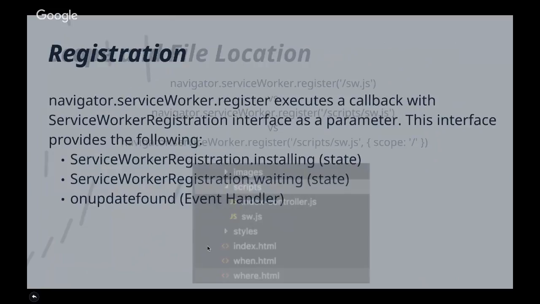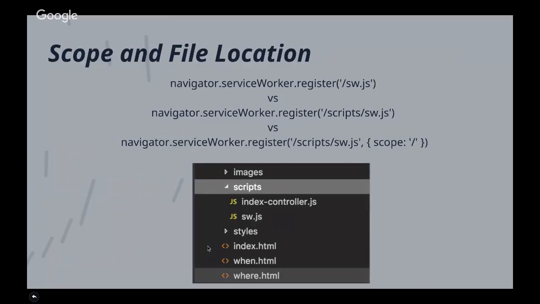Okay, so the next thing to look at will be the scope and file location. If you look at this slide, there are three commands there. The first command will register your service worker at the root folder of your application.